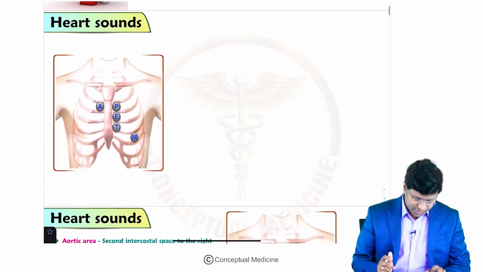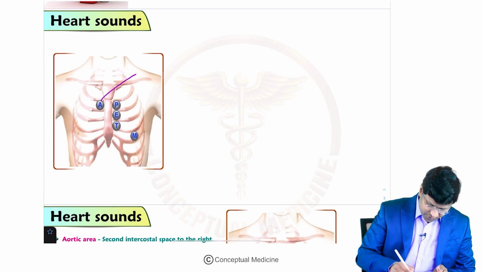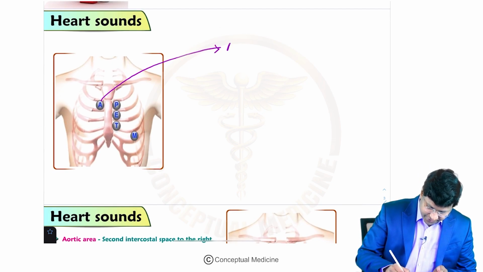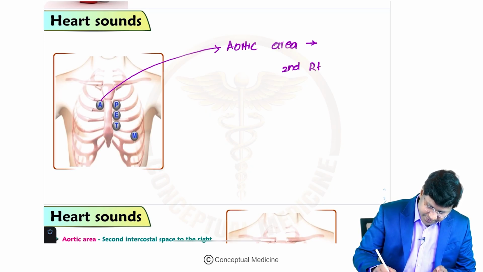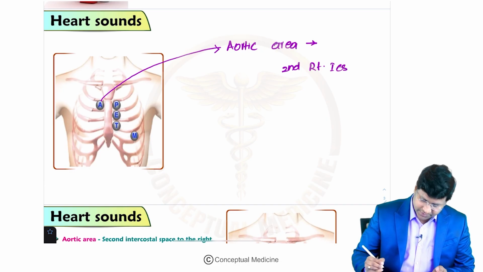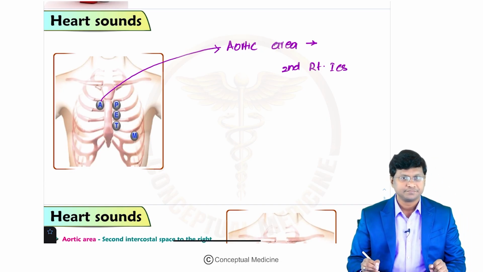If you see the areas of auscultation, the first important thing is the aortic area. This aortic area is present in the second right intercostal space adjacent to the sternum.